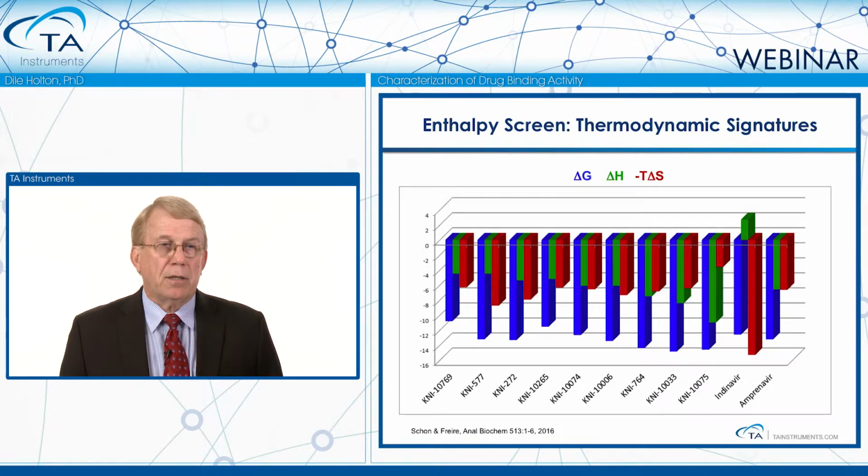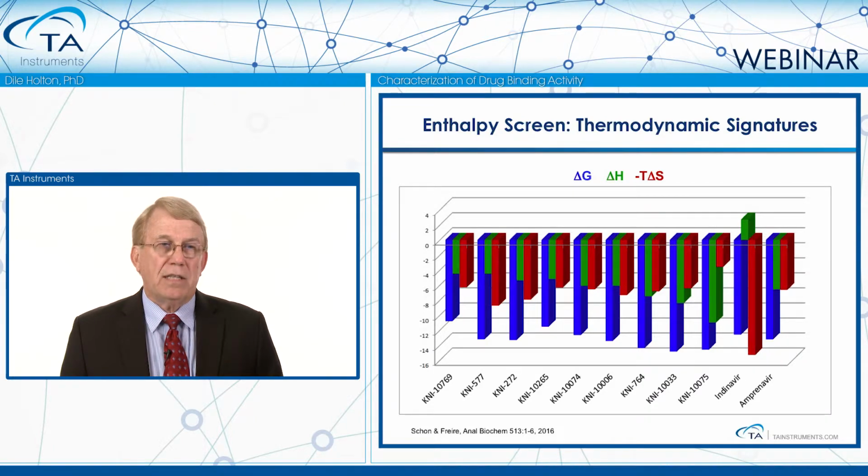And what you see here are those drugs as they are plotted out, and you'll see the differences in the enthalpy values, the differences in the entropy values, and even one on the right-hand side that shows that the enthalpy value actually works against the binding.